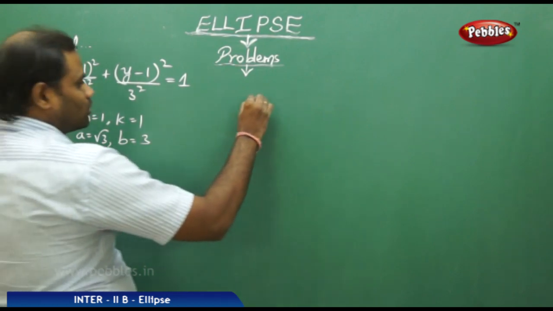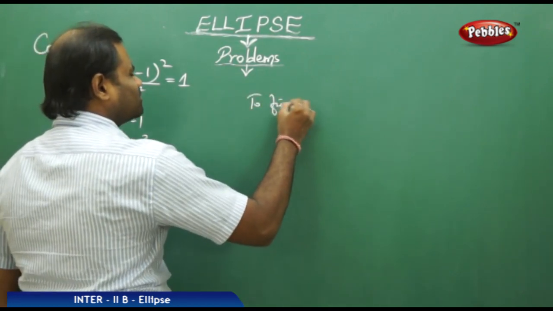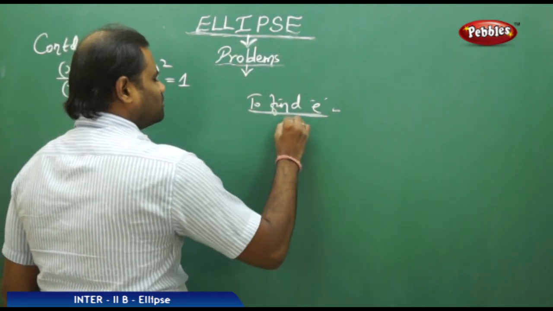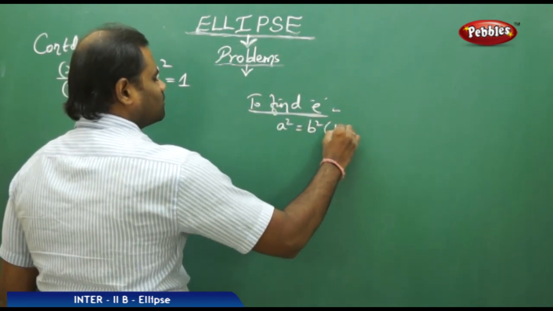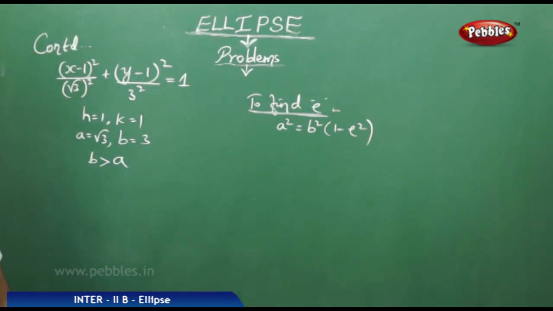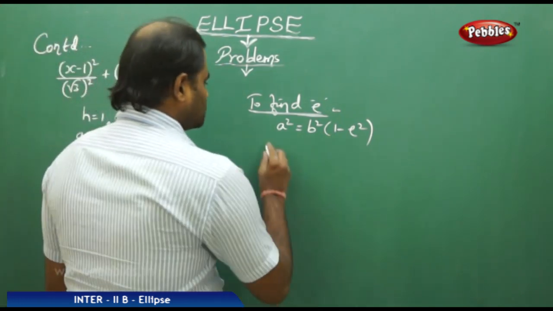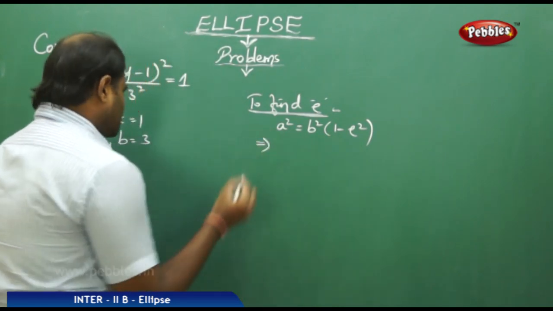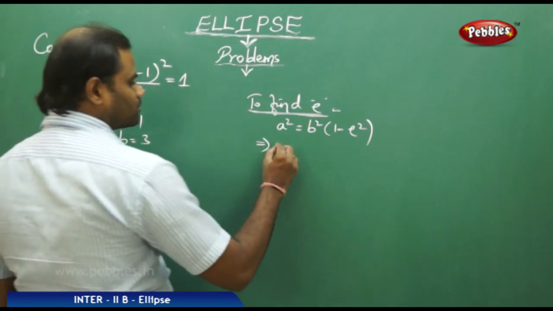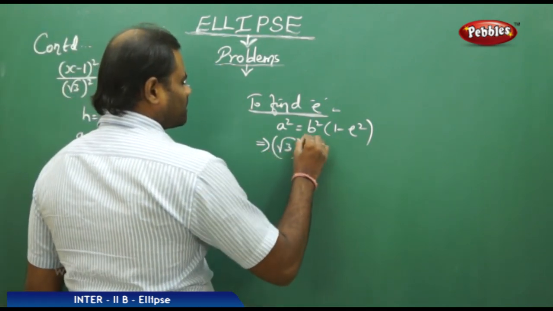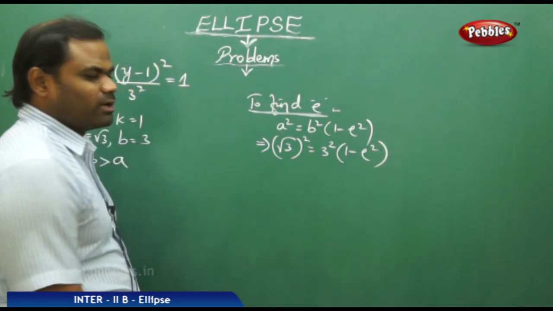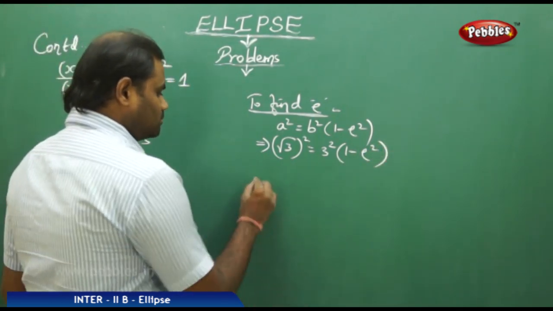Therefore, in order to find eccentricity e, we use the formula a square equal to b square times 1 minus e square. That on further simplification gives a square, which is root 3 whole square, and b square, which is 3 square, times 1 minus e square, through which I find e.